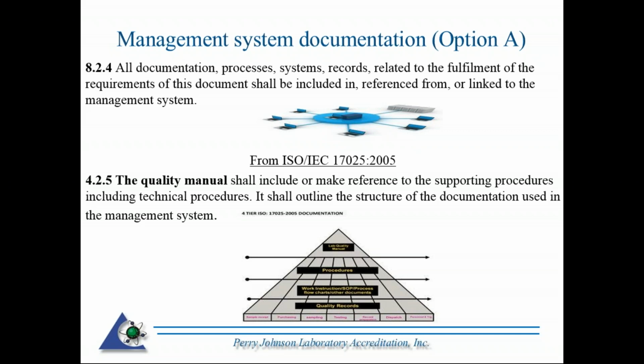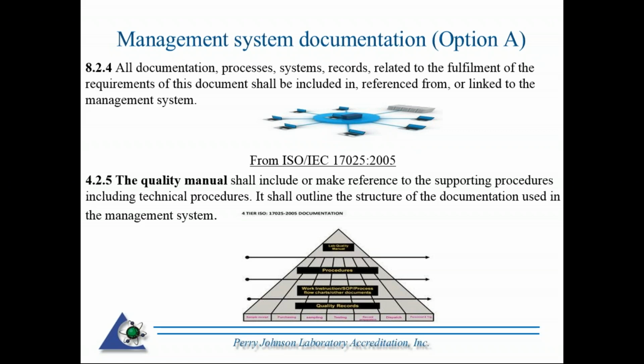There was a similar requirement in 2005. If you read this requirement and you look at the requirement in 2017, this fulfills the requirement, but it's very prescriptive of how this had to be depicted in the 2005 standard.